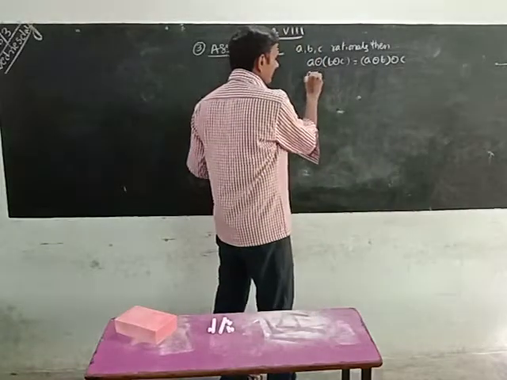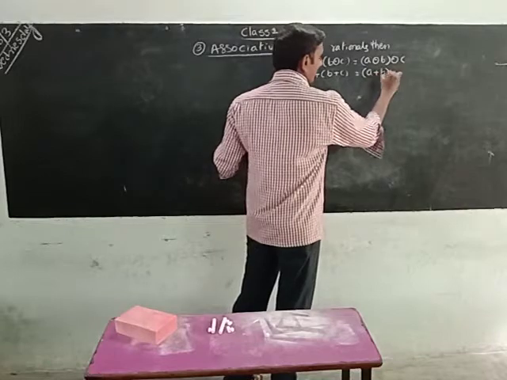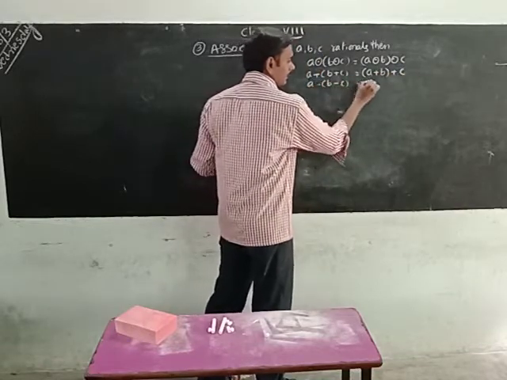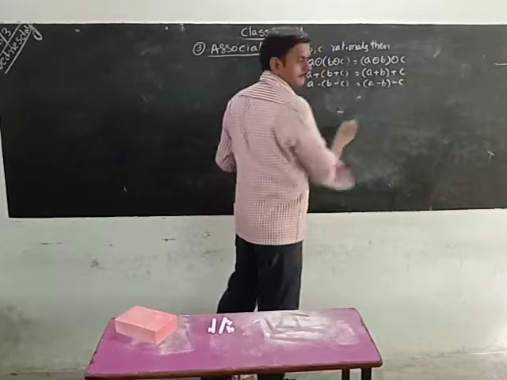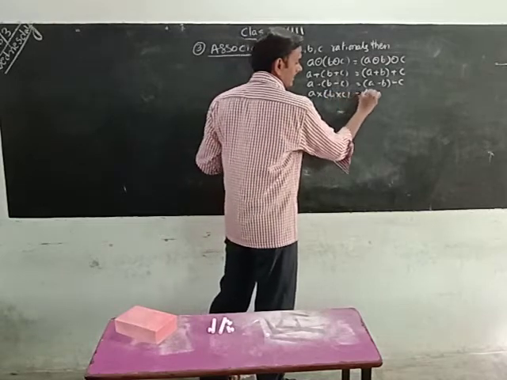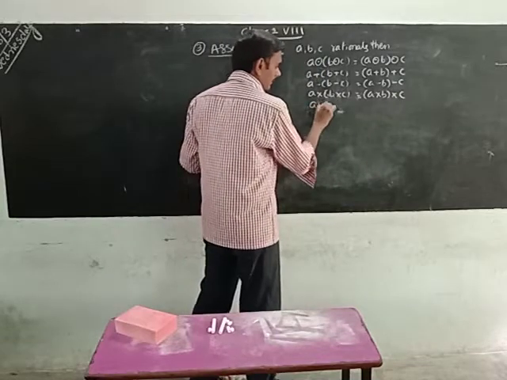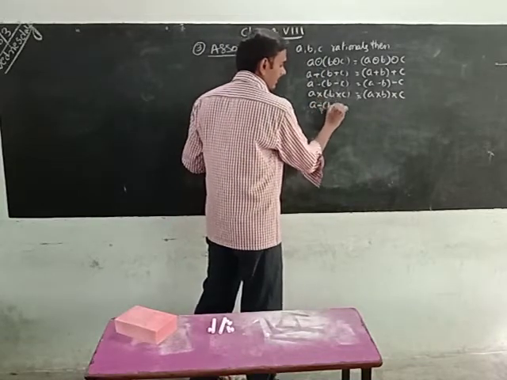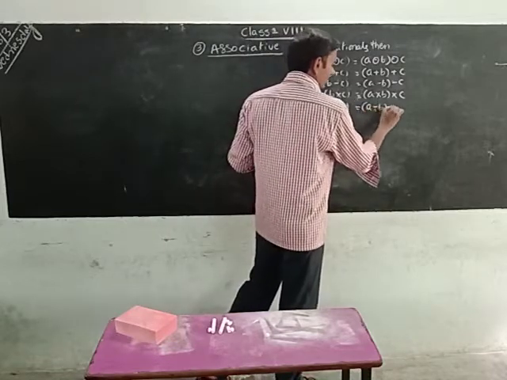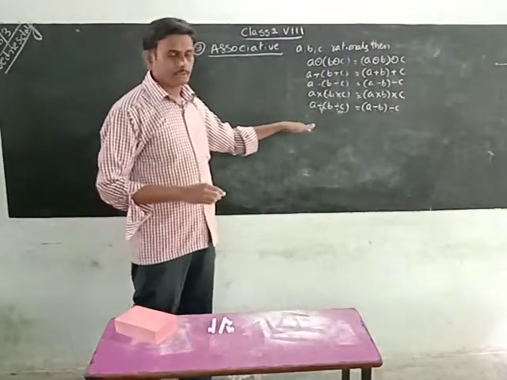That means we can check A plus B plus C, or A minus B minus C, or A multiply B multiply C, or A divided by B divided by C. With these four we have to check.